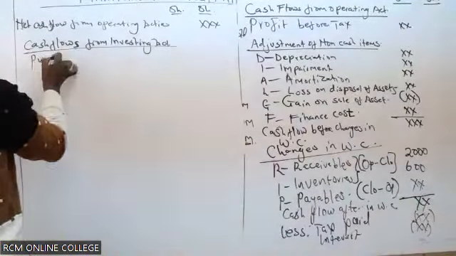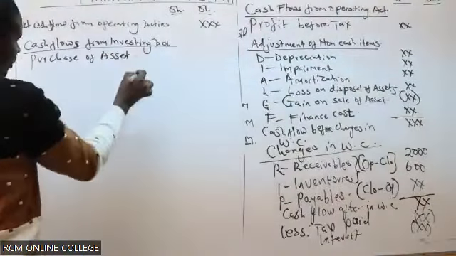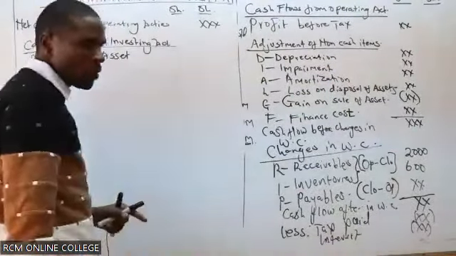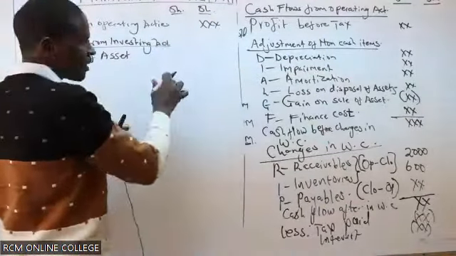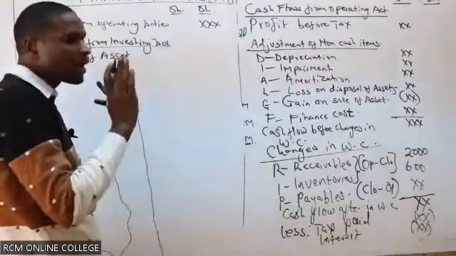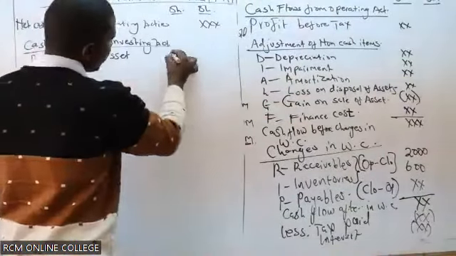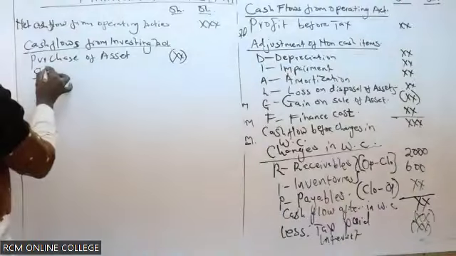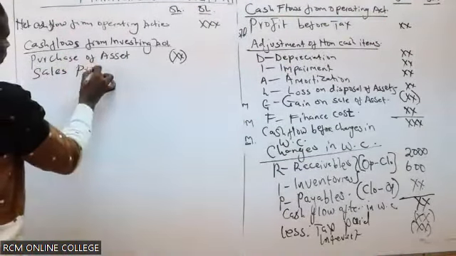Purchase of asset. Sasa nataka tuangalie, if we purchase asset, what happened to our cash? If we purchase asset, very fast, tumalizane na hii. What happened to the cash? Tunaangalia cash hapa. It reduces, so we less. Our cash ime reduce. Sale of asset or sales profit. I'll call it sale profit.